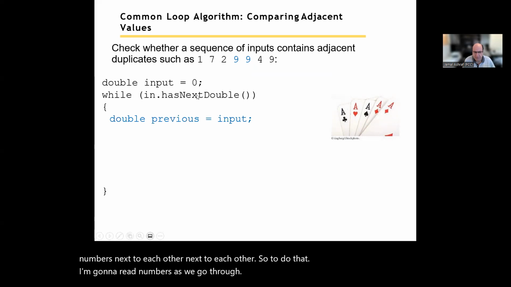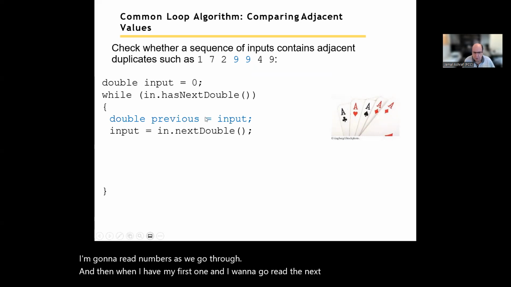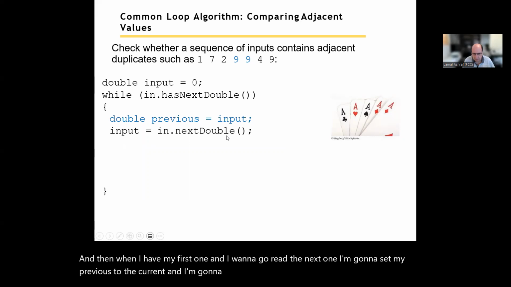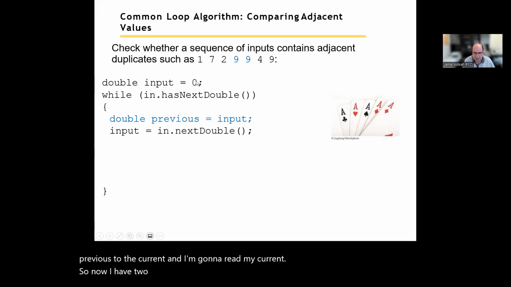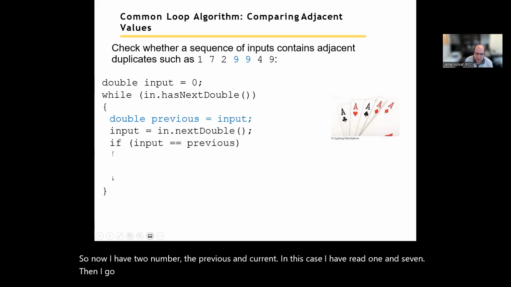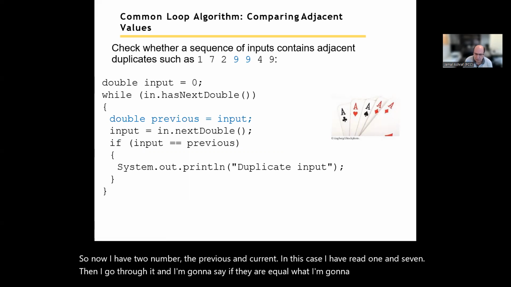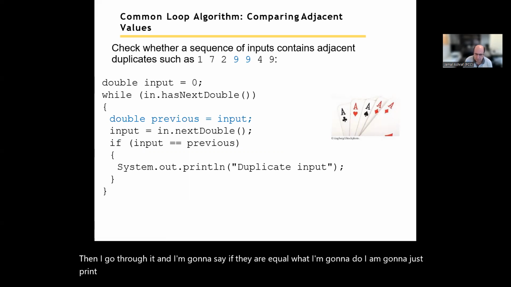When I have my first one and I want to read the next one, I set my previous to the current and I read my current. So now I have two numbers, the previous and current. In this case, I have read 1 and 7. Then I say, if they are equal, I am going to just print out that they are duplicate.